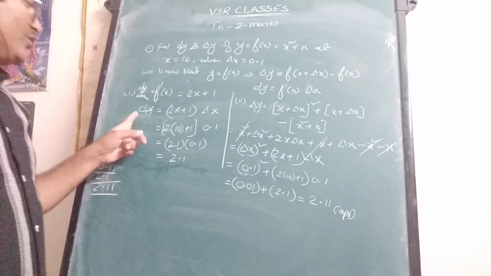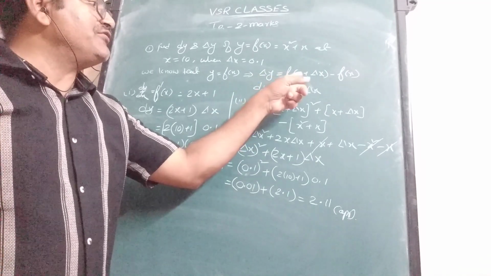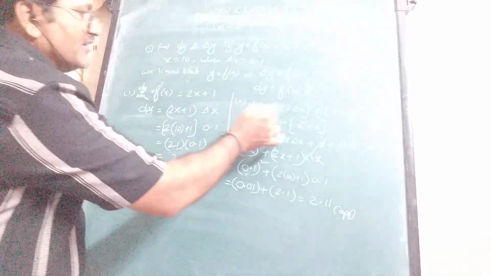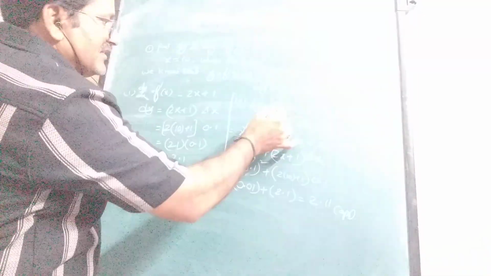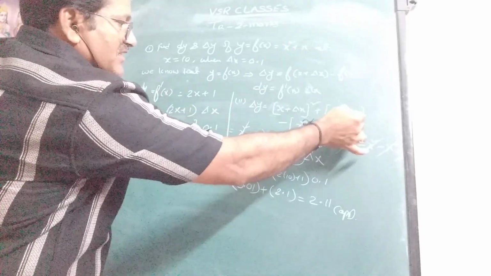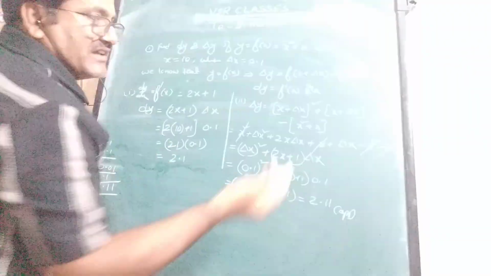So we go for the delta y value. We have to find delta y, and it is given as f of x plus delta x minus f of x. Wherever x is there, you go for substitution here: x plus delta x whole square plus x plus delta x. After that, minus the function. Function is nothing but x square plus x itself.